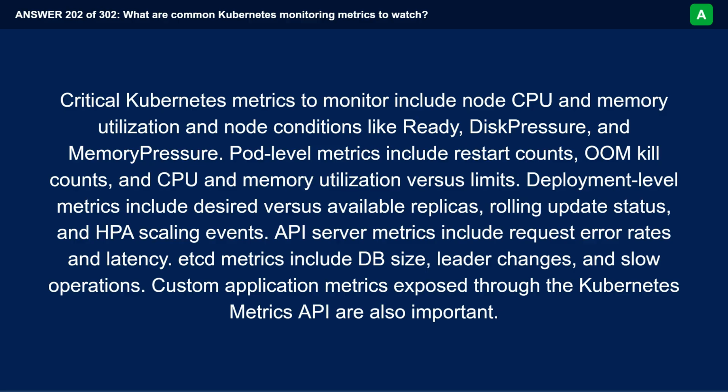Deployment-level metrics include desired versus available replicas, rolling update status, and HPA scaling events. API server metrics include request error rates and latency. etcd metrics include DB size, leader changes, and slow operations. Custom application metrics exposed through the Kubernetes metrics API are also important.